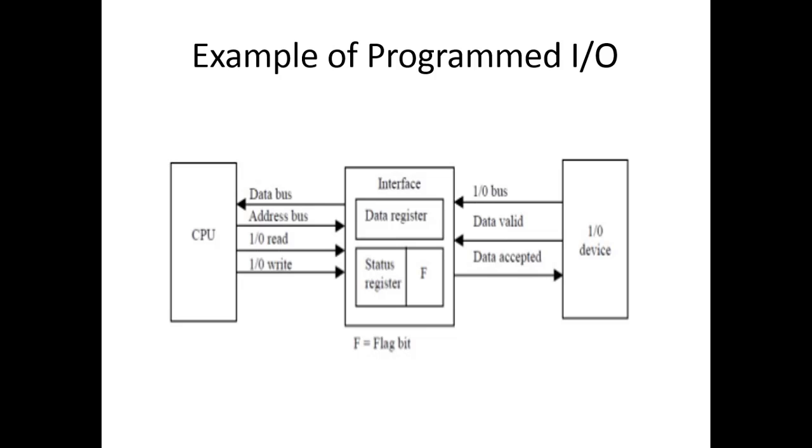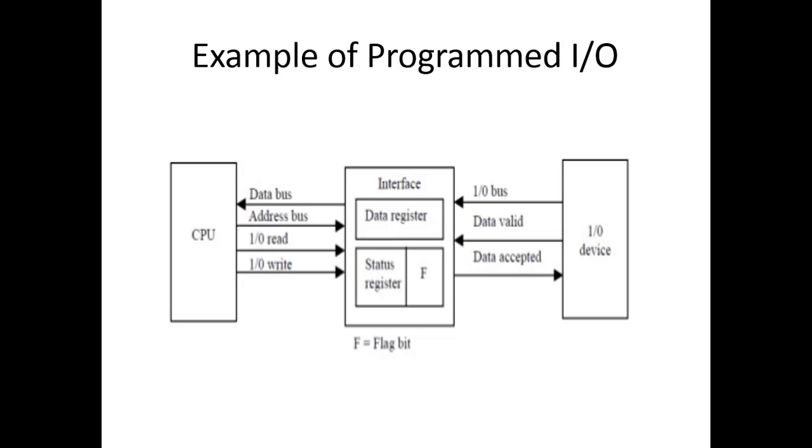When the I/O device places that data onto the I/O bus, it enables the data valid signal. Upon receiving the data valid and actual data, the interface generates the data accepted control signal to complete the process of two-way handshaking.